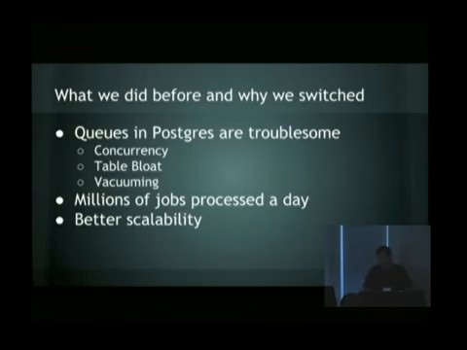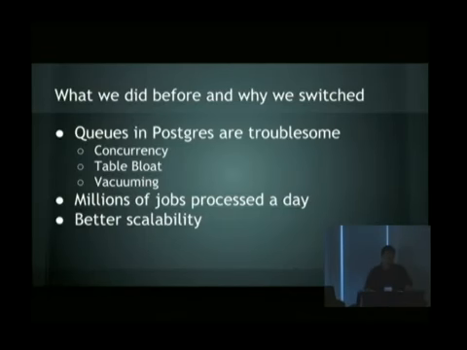That's not something you want when you're doing queues. You want each thing to be executed once, not twice. We came up with some workarounds, so you can still do this in Postgres. But to do that, we had to shard the table based on some factor so that one worker could only ever access one section of the data, which doesn't scale real well. It has some scaling issues.